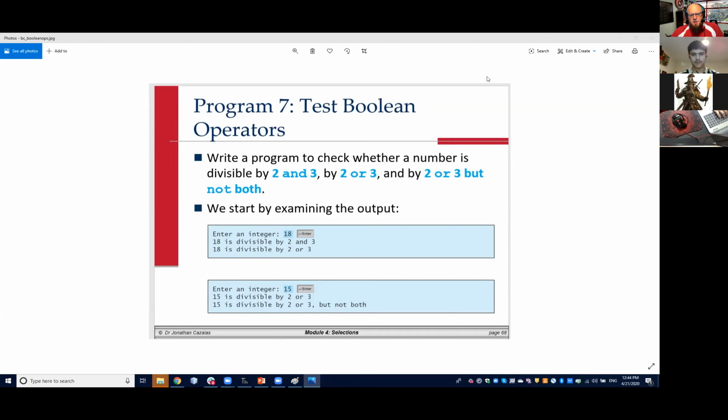So let me make the breakout rooms. Give me just one moment. This looks just fine.